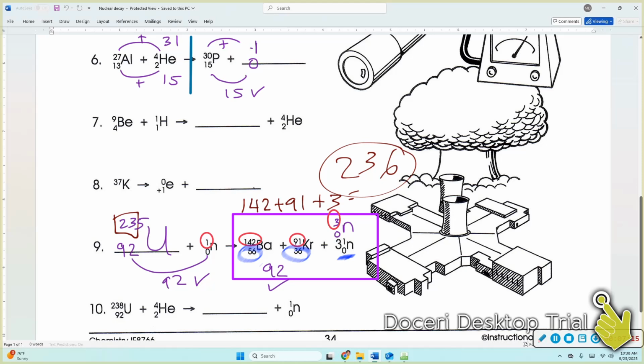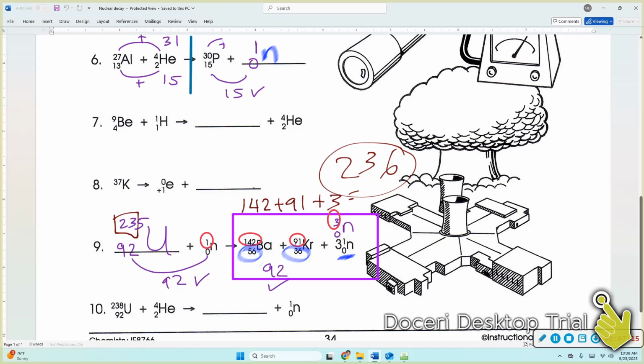Let me erase all these arrows so you can see. The top is 1. So 0 and 1, what particle did we have earlier? That is just a neutron.